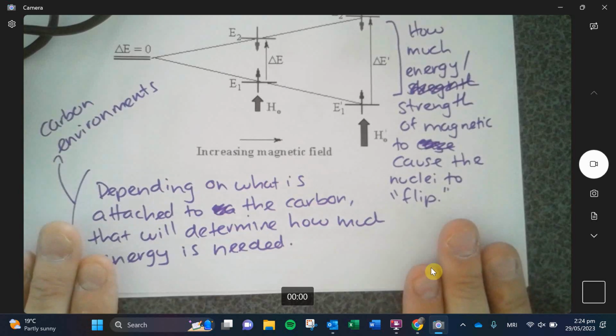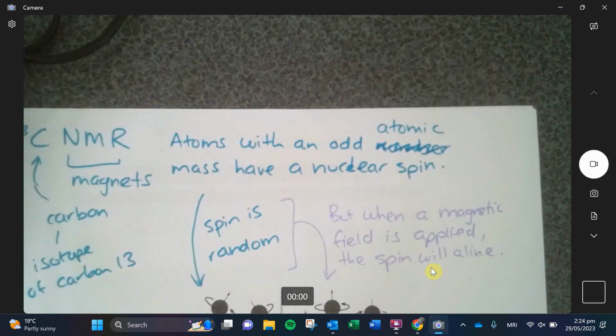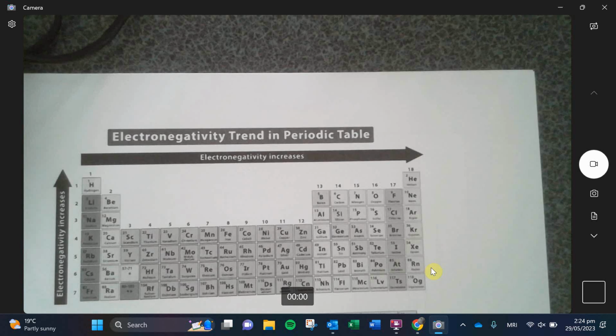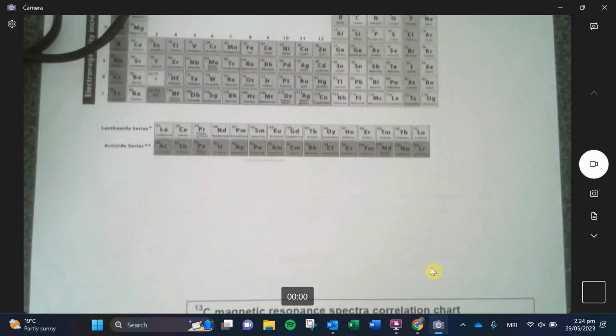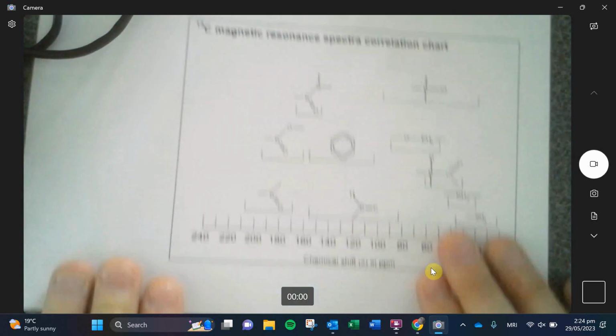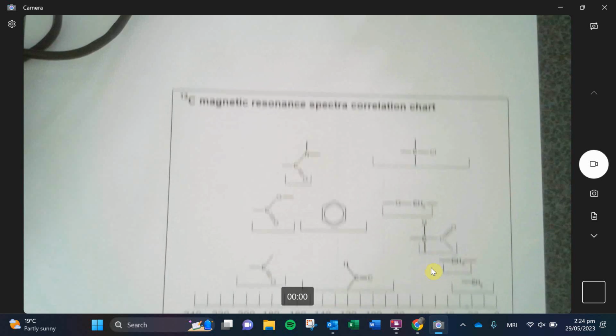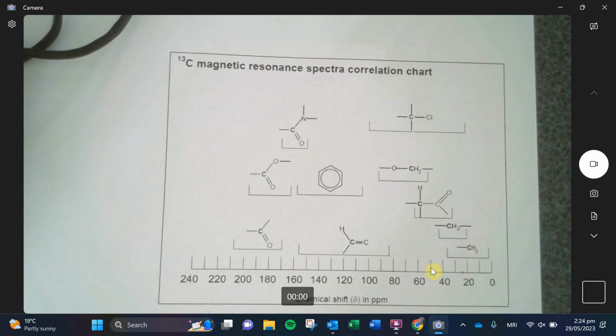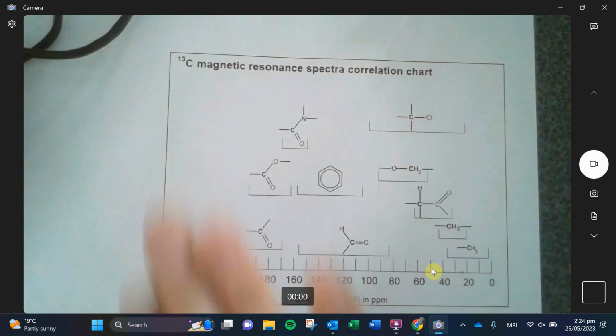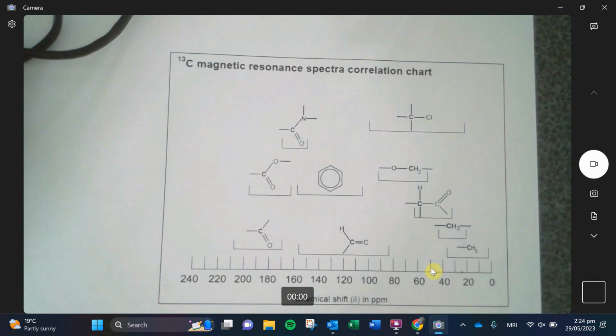All right, next page. What we can actually do with this information, I'll come back up to this in a second, is that the carbon NMR data can be used to identify functional groups as well. On this table, I've given you a visual representation of all the different functional groups and roughly where they would be on the NMR data.